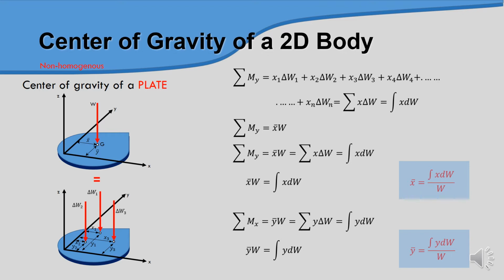If we have a homogeneous shape, like a common shape, maybe a rectangle or triangle, we basically don't use this kind of integration, whereby we will determine by using the summation only. Later on we will see by using this one.